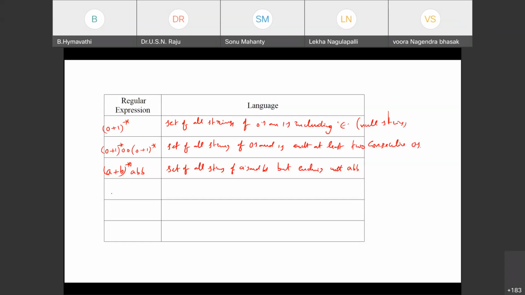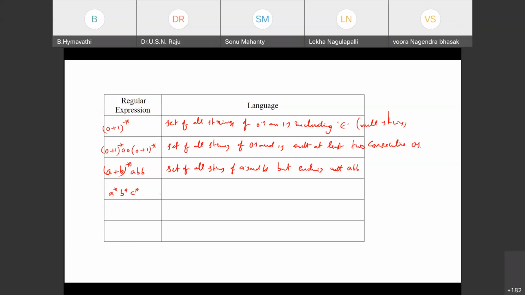Then a star, b star, c star. A star means how many a's can I have? What is the minimum number of a's in the final language? Epsilon, sir. Yeah, zero number of a's followed by zero number of b's, then followed by zero number of c's. That means what is the final expression?